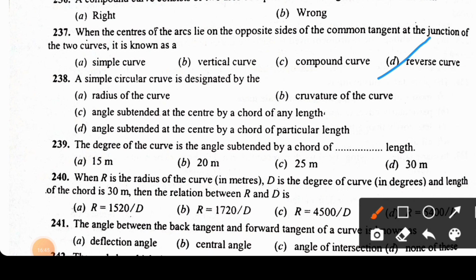A simple circular curve is designated by the angle subtended at the center by a chord of particular length.